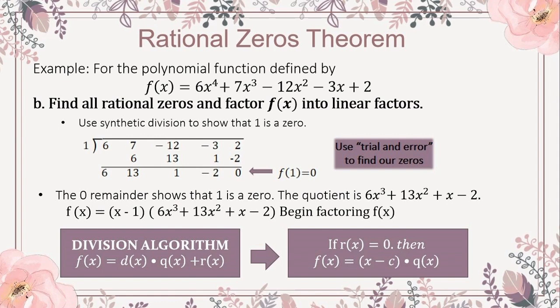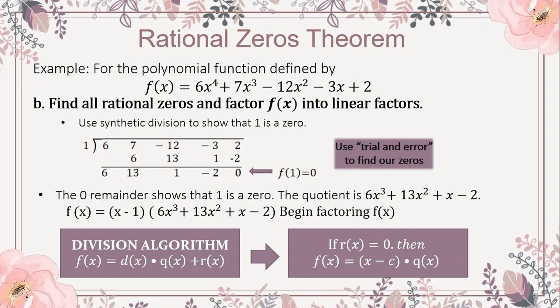If you are confused about where I got this factored form of f of x, it comes from the division algorithm: f of x is equal to d of x, the divisor, multiplied by q of x, the quotient, plus the remainder, r of x.